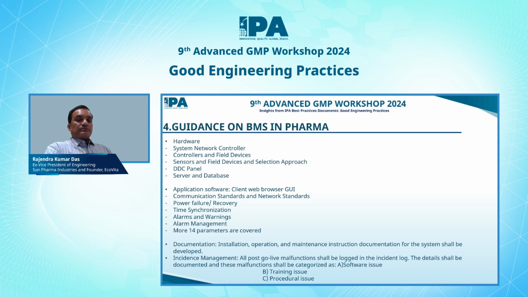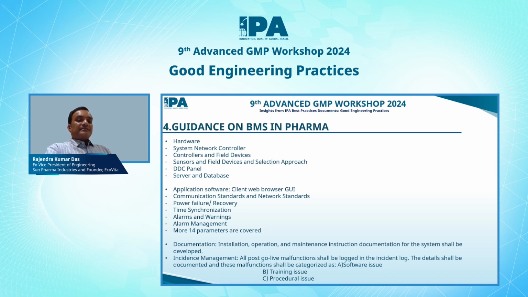In this chapter, we talk about what different types of hardware need to be considered, how the network and control devices need to be chosen, the server database, what different types of application software are available, and the typical requirements for power failure recovery and time synchronization. These are specific requirements which our industry needs, whereas the vendor may not be aware of them because they are implementing this system in commercial buildings. Then alarm management and warnings.